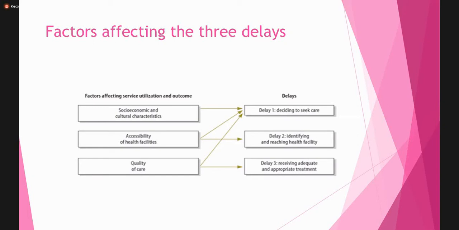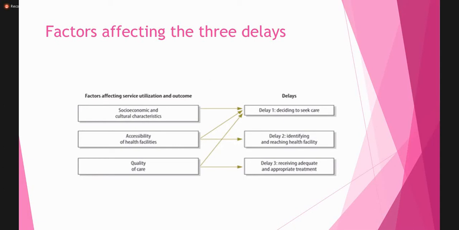The delay 2 may be identifying and reaching the health facility, that people may not know where this essential obstetric care is provided. They may reach some facility and there they inform you that here they don't have the obstetric clinic or something like that, and they have to move to some other place.